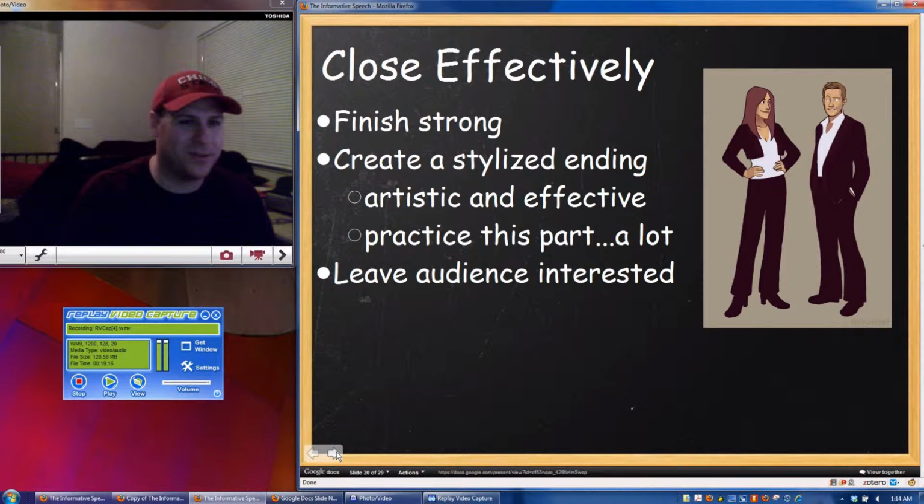It's really important that this is a part that you practice a lot. This is the last thing that your audience is going to remember. So if you're going to memorize parts of your speech, the attention getter and this finalizer are probably the best parts to memorize. That way, when your audience sees you finish, they're like, dang, that was a good speech. And as it says here, your goal is to try to leave the audience interested.